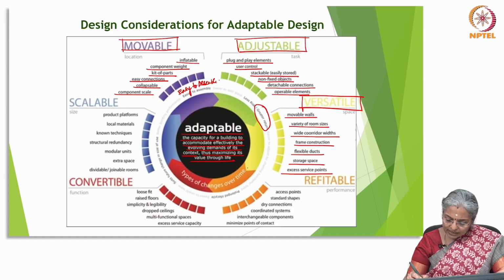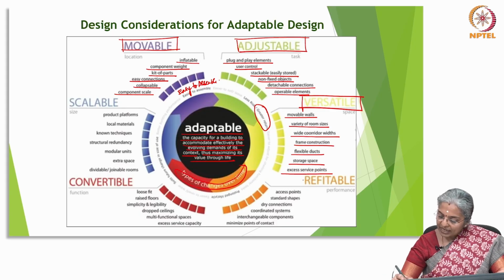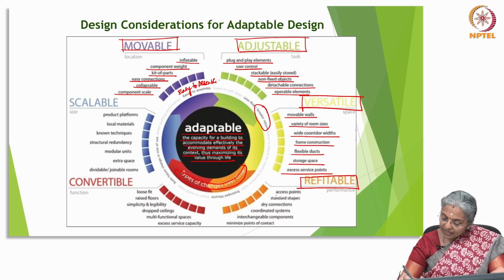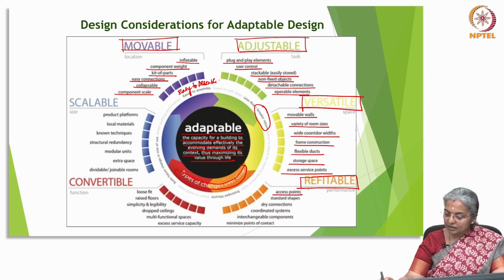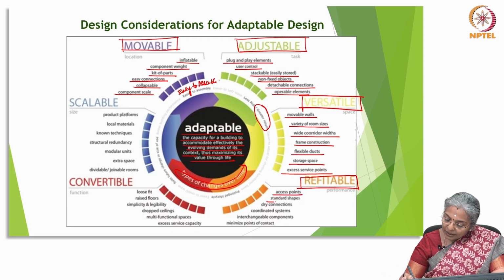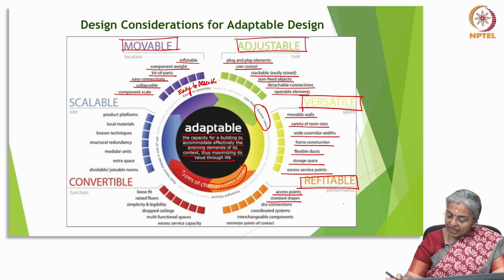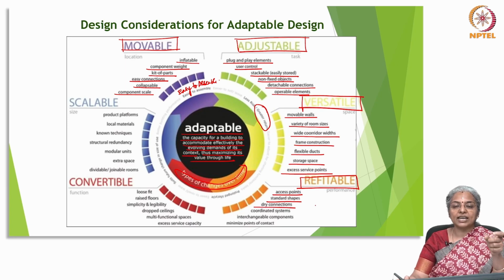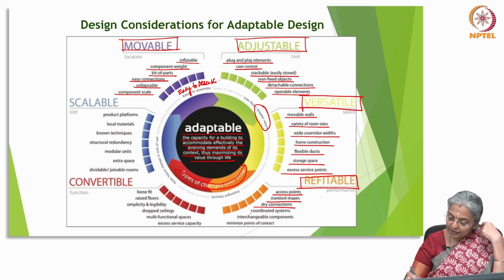Also, how does it look at the changes over time? Is it refittable? How will its performance be? Does it have sufficient access points? Does it comply with standard shapes? Are the connections dry, such as screws, bolts, and nuts, or are they wet connections?